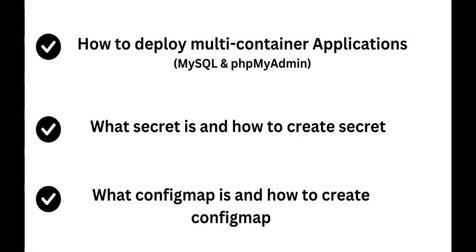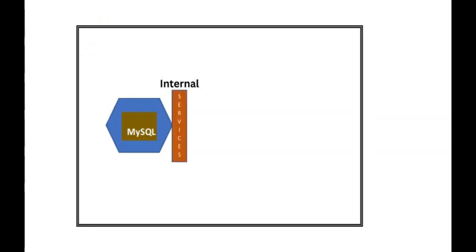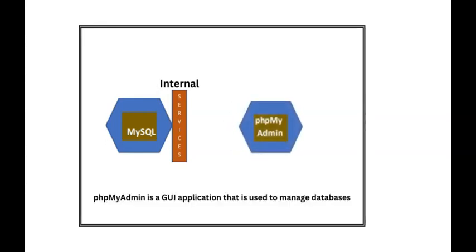We're going to deploy the MySQL database server first, and because we don't want to expose our database to the outside world, we are going to create an internal service for MySQL, after which we will deploy the PHPMyAdmin front-end application that we're going to use to manage MySQL.